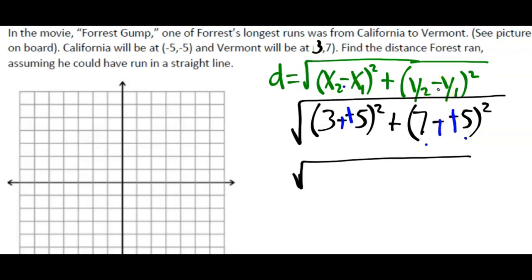So I'm just plugging and chugging. All right, when I chug out this answer, I'm going to get 8 here. 8 squared plus 7 plus 5 is, I hope you said 12, squared. Okay, now, what's 8 squared?